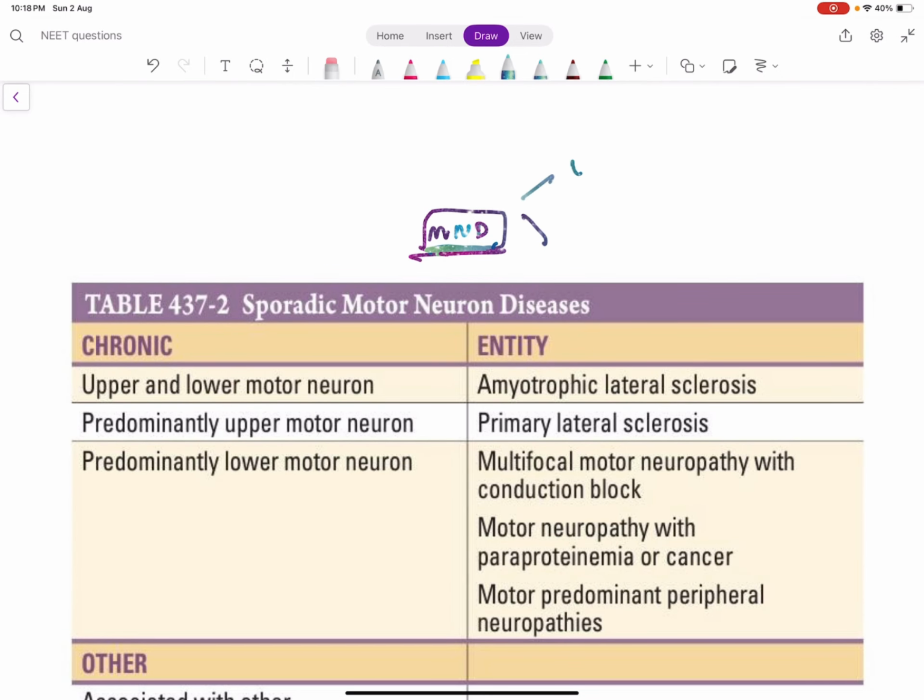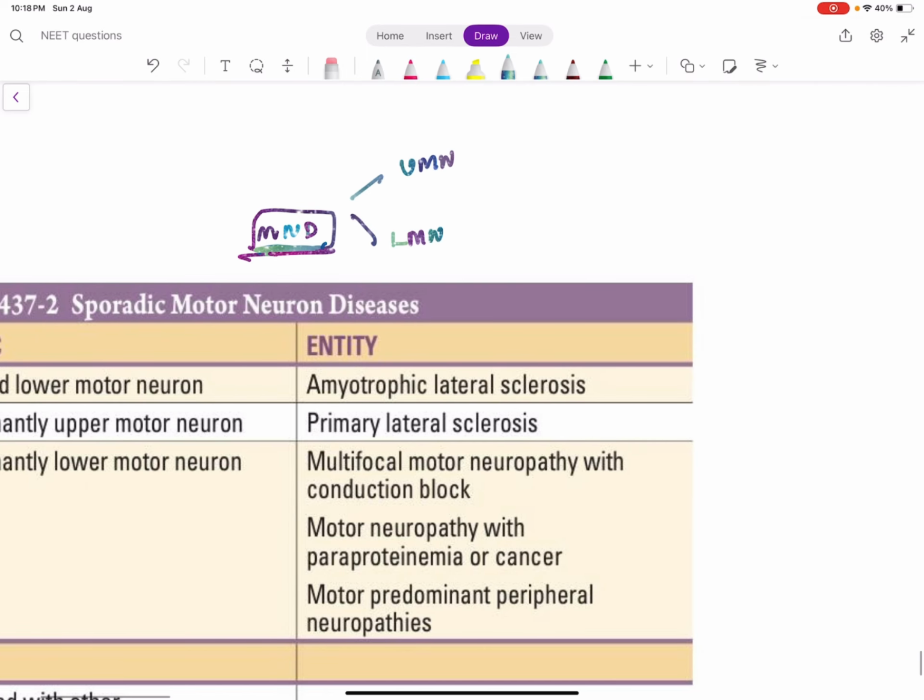See, whenever we say motor neuron, we have two motor neurons, upper motor neuron and lower motor neuron. Upper motor neuron is the neuron present in the cortex. Lower motor neuron is the neuron present in the spinal cord. We know very well that the cortical neurons' axons end in the spinal cord.